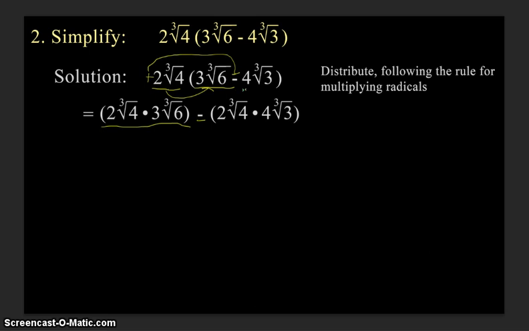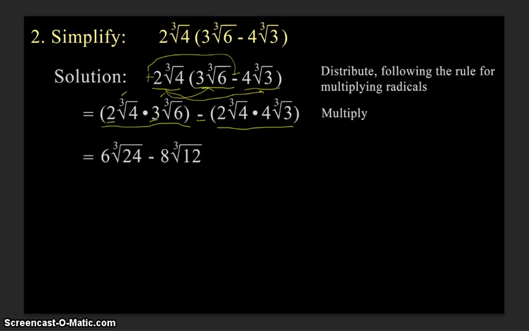Okay, so dito naman yung 4 cube root of 3, multiply din natin dito sa 2 cube root of 4. And then ito yun. Okay, so multiply na natin. Since pare sila ng indices, multiply natin yung coefficient na 2 at 3.